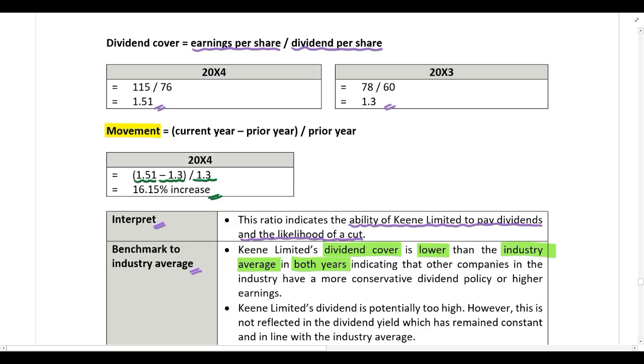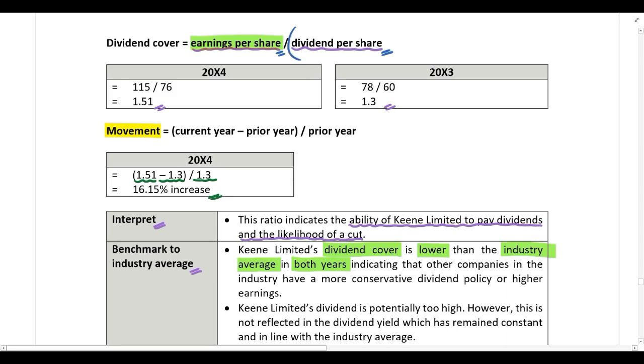So if we discuss this in a bit more detail, guys, if the industry has a higher dividend cover, that means either their earnings are higher than Keen Limited's earnings, because if the earnings are higher, they'll have a higher dividend cover, or it means that the industry has a more conservative dividend policy and are paying out smaller dividends relative to their earnings.